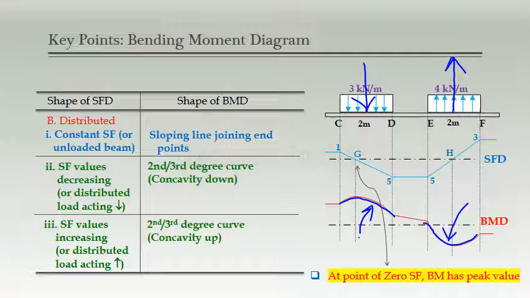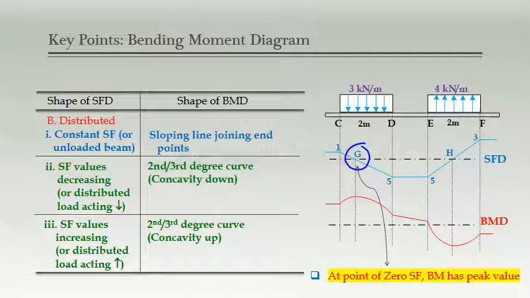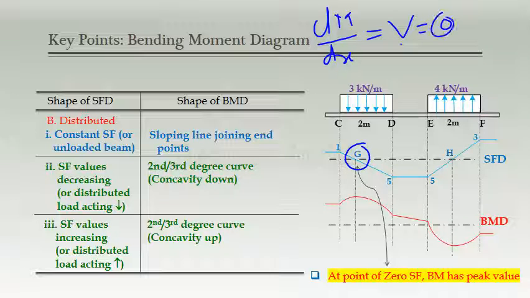But one interesting point we have to observe here. Think about this particular point, G point, where shear force equals 0, and we already know that dM by dx is nothing but shear force. So whenever any derivative becomes 0, that particular function may have a maximum value or peak value.